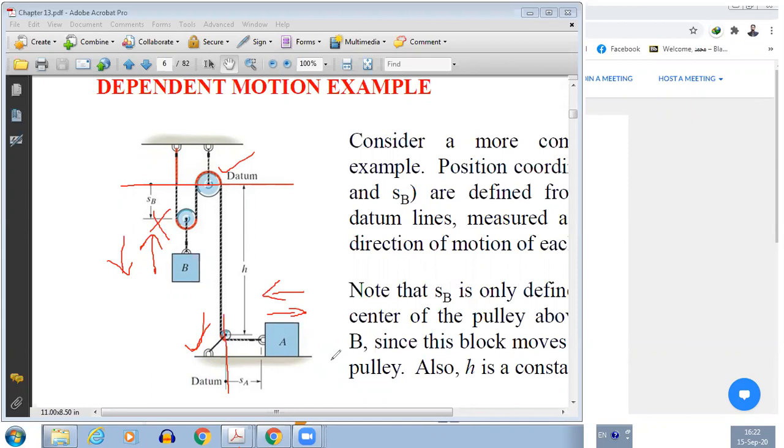So point number 2 is done. I have drawn the datum for both cases. Now remember, if B is moving towards the datum, that's negative. If B is moving away from the datum, positive. If A is moving towards the datum, negative. If A is moving away from the datum, positive. That was my point 3: we should specify what's positive and negative.